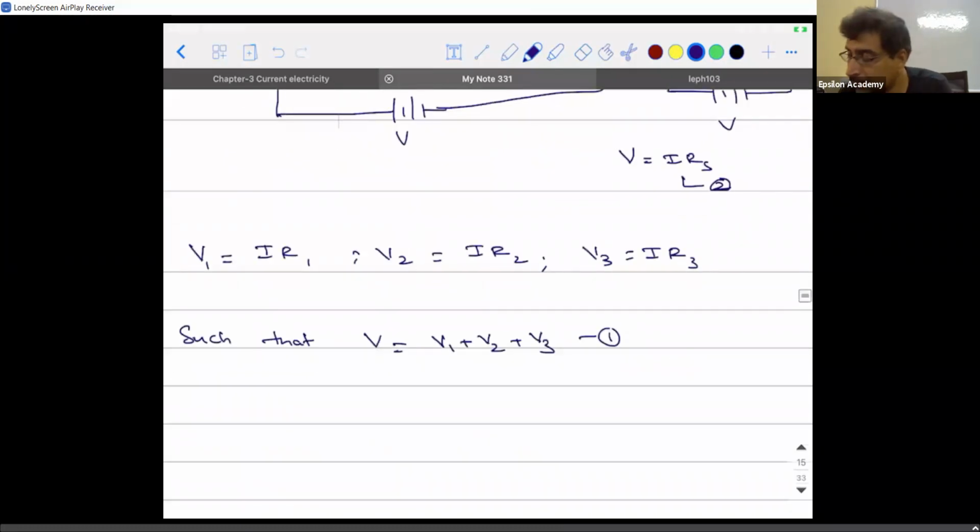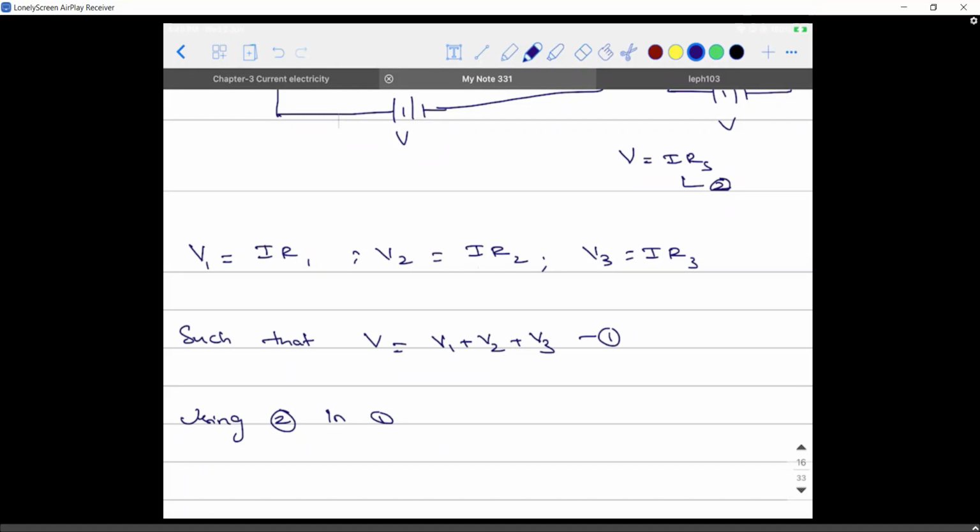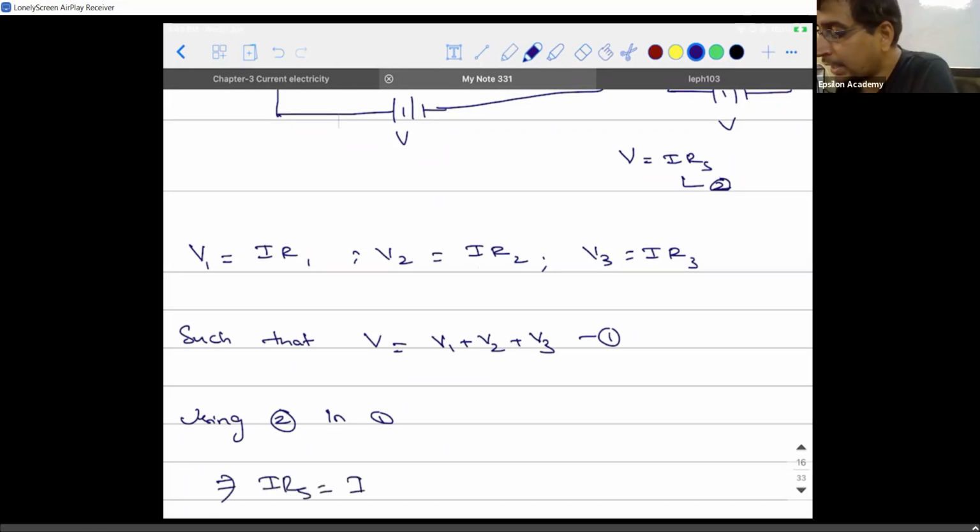So using 2 in 1, what are we going to get? I into RS is equal to IR1 plus IR2 plus IR3, which is I into R1 plus R2 plus R3. So I and I will get cancelled.